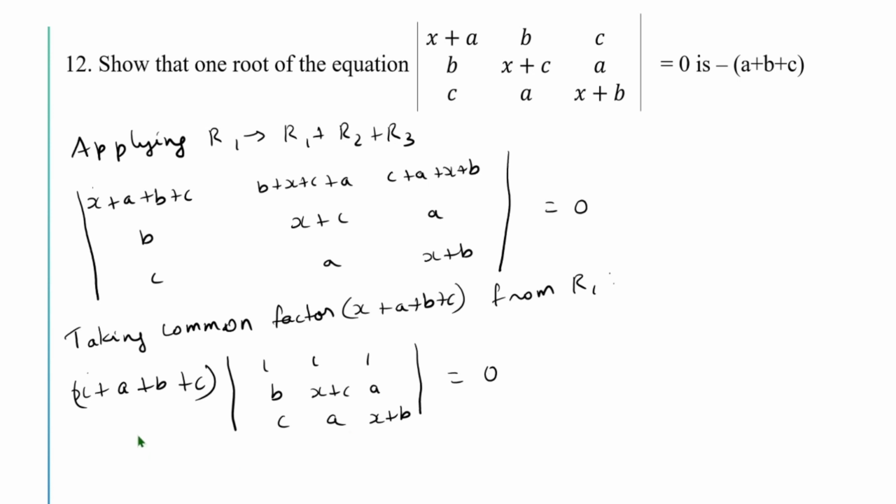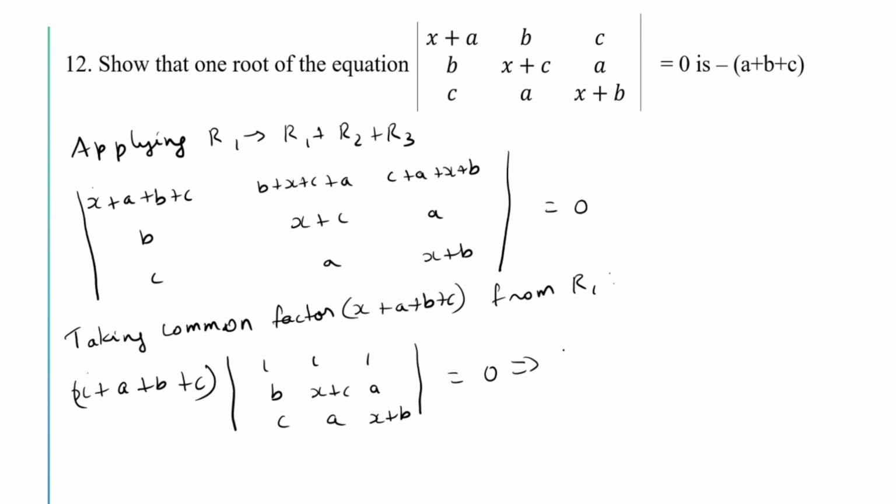So we have got x plus a plus b plus c into this determinant is 0. So which means x plus a plus b plus c equal to 0 or the value of this determinant is equal to 0. So which implies x is equal to minus of a plus b plus c.